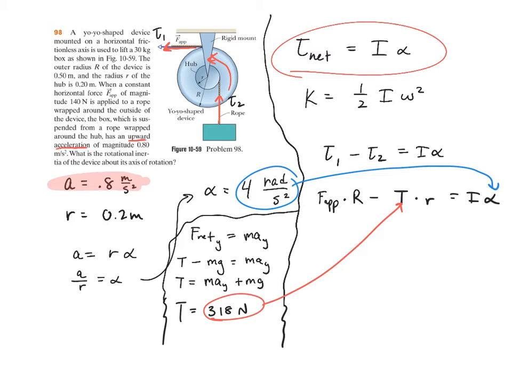And then everything else is given in the problem. The applied force at the top was given as 140 newtons. The big radius is 0.5, the little radius is 0.2, so we can solve this for I. I'm going to solve it algebraically for I first. I equals F applied times big R minus tension times little r, all over alpha.